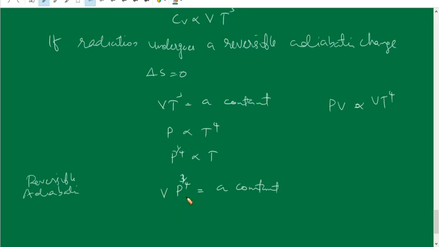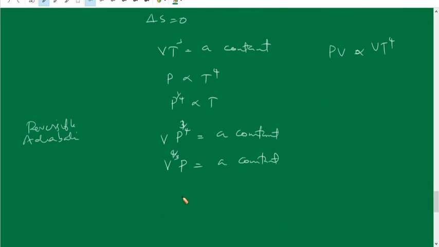Taking the power of this expression, 4 by 3 exponent, V raised to 4 by 3 times P is also another constant. So we can write PV raised to 4 by 3 is a constant.